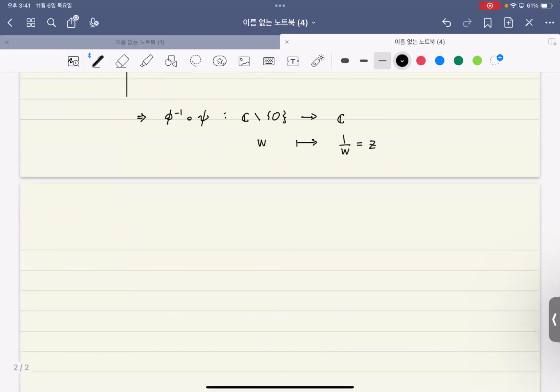So if f is analytic there, then f of z, which is f of 1 over w, is analytic.